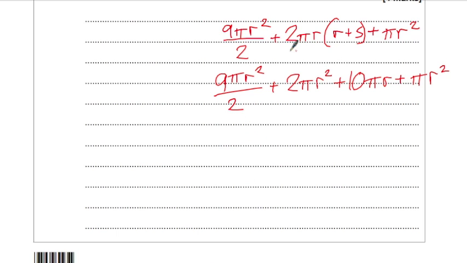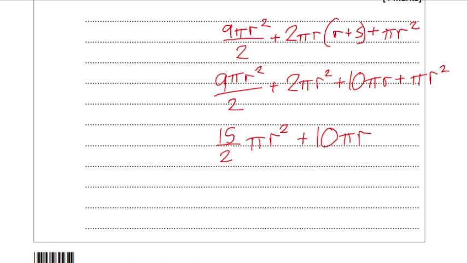Can you see we've got lots of pi r squared? So let's bring those together. We've got 9 over 2 pi r squared, another 2 pi r squared, and a final pi r squared on the end. So in total, that's 15 over 2, or 7.5 pi r squared, plus 10 pi r.